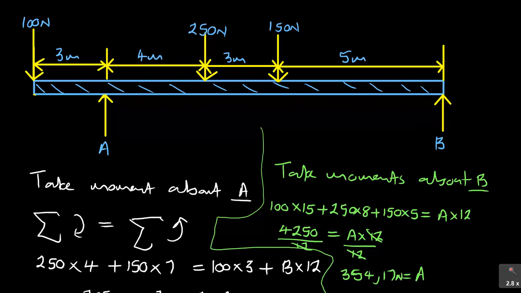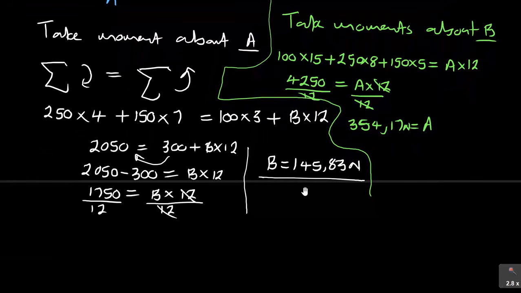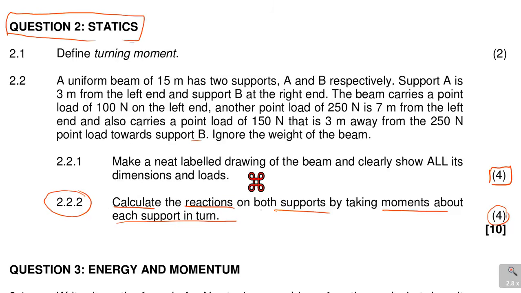We mustn't forget the units. So in other words, if I write it properly, A is 354.17 newtons. So this is the answer to the question when they say calculate the reaction at both ends by taking moments about the support in the beam.